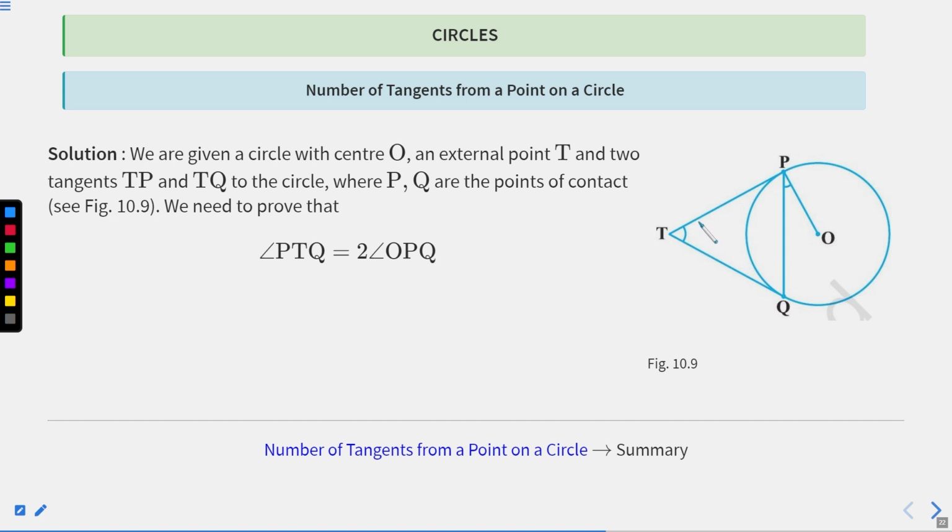So this angle is equal to 2 times this angle, that we have to prove here.